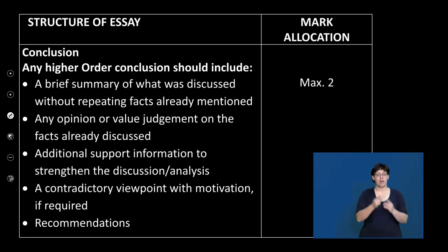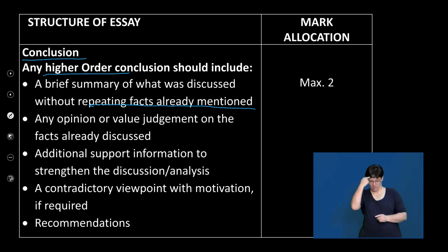From there, you get to your conclusion. Conclusion is, like I said, a higher order conclusion, which should include a brief summary of what you discussed without repeating facts already mentioned. So please do not repeat what you've already discussed above.